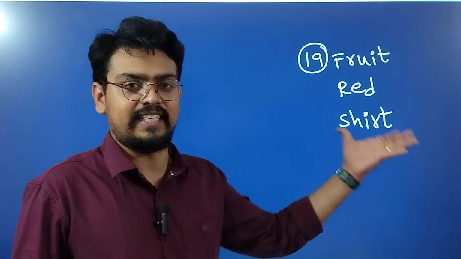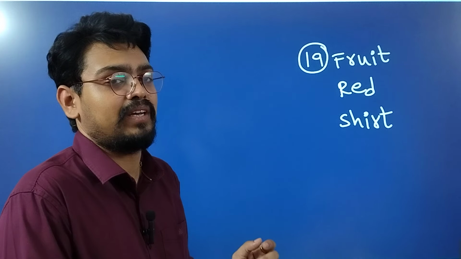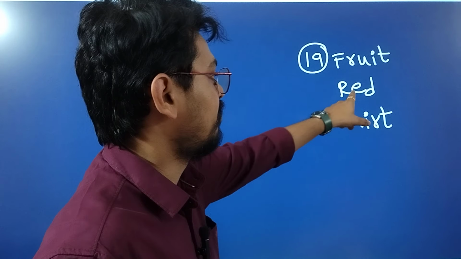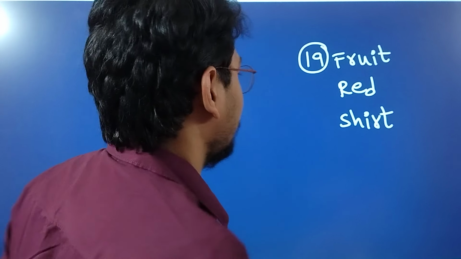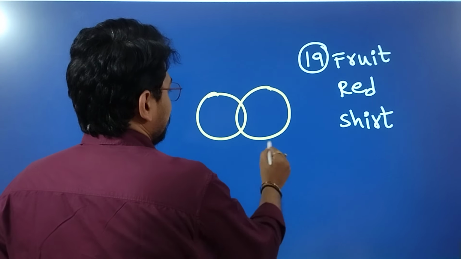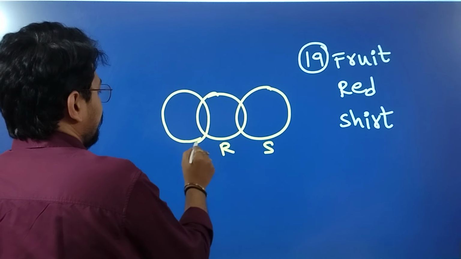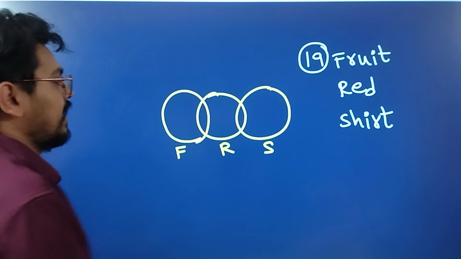Fruit, red, shirt. The same thing we have already considered. If we consider red as color, we will take red here and red color shirt. This is color and red fruit. So we'll get it like this.